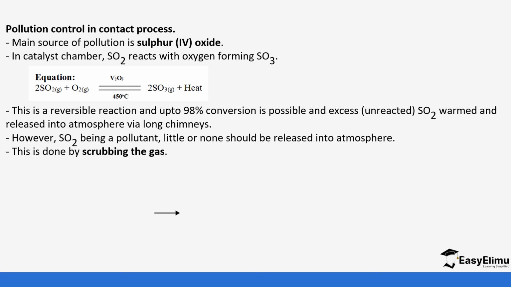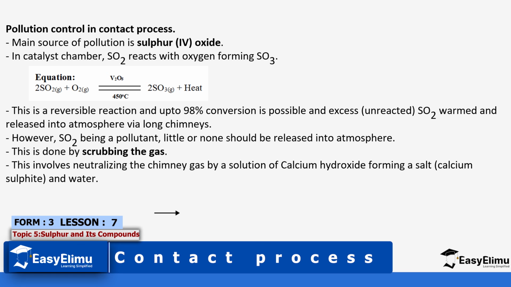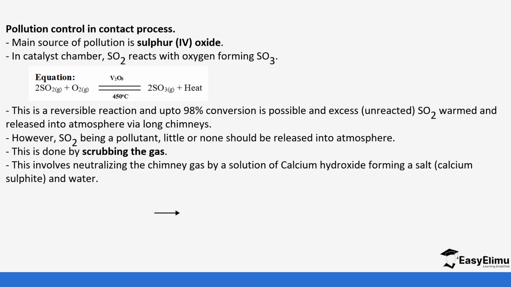That is the reason why scrubbing is done. Scrubbing is the introduction of a base, and the most common one used is calcium hydroxide. When calcium hydroxide is introduced, sulfur 4 oxide reacts with it to form calcium sulfite and water. Remember, we mentioned this in the reactions of sulfur 4 oxide.